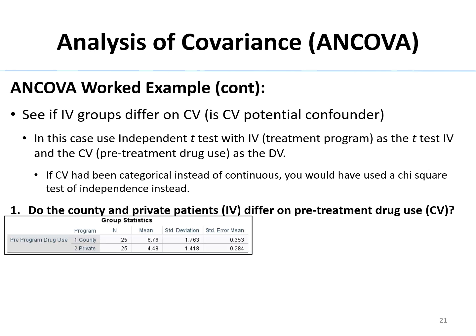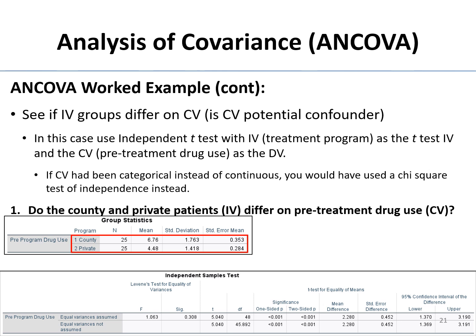There's our means. So pre-treatment for county was 6.76. Baseline or pre-treatment for private was 4.48. That 2+ point difference between the drug use levels at baseline for those who go to the different programs, is that significant? Well, that's why we do an independent samples t-test.